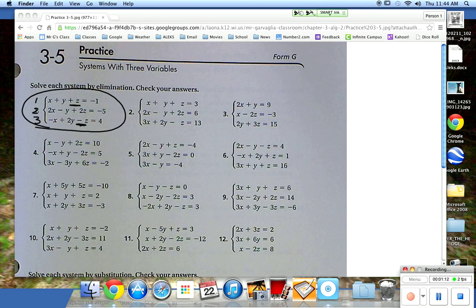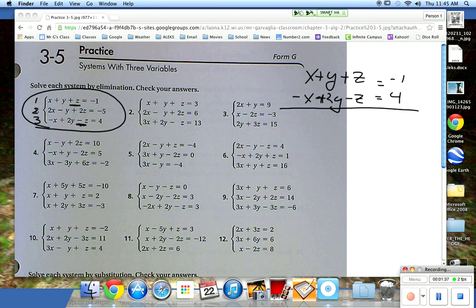So if I added x plus y plus z equals -1 to -x plus 2y minus z equals 4, what would I end up with?